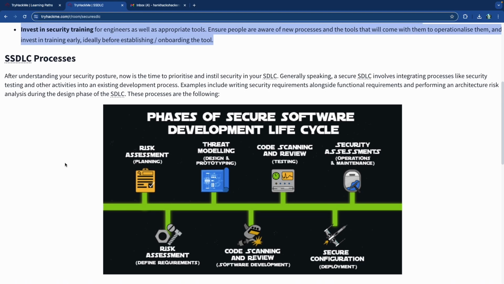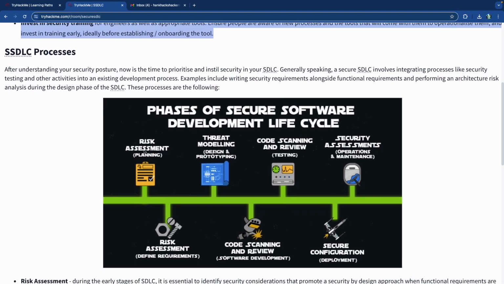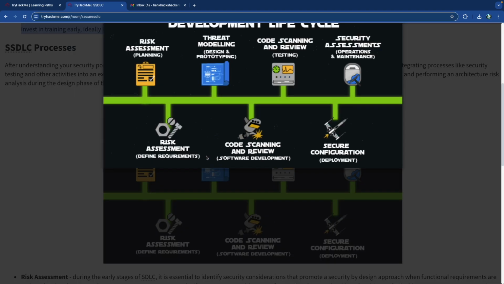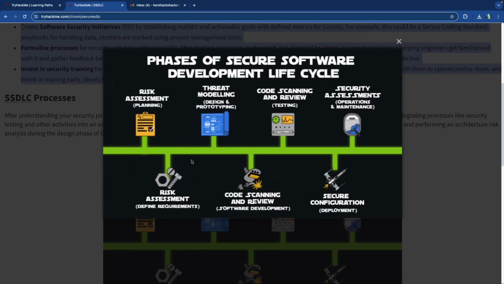And then once you have that, you can look at the overall secure development lifecycle, which is what we're looking at here, right? So this is a big image, and we're going to be referring to this process a lot through the rest of this room, which pretty much covers the step-by-step of what's going to be done and how it's going to be done.